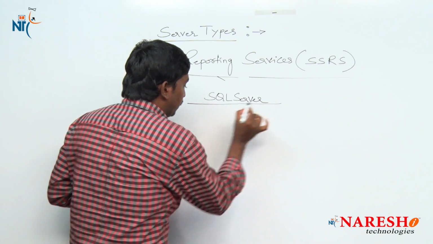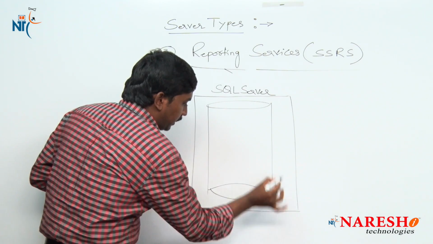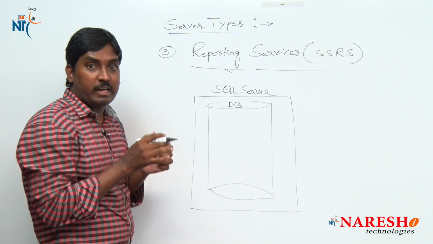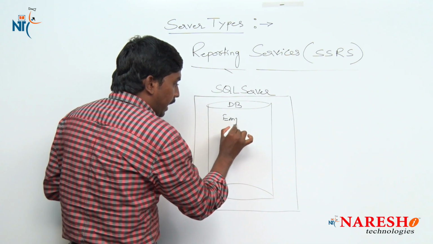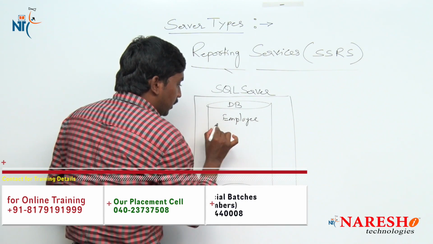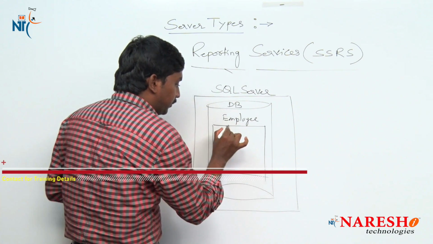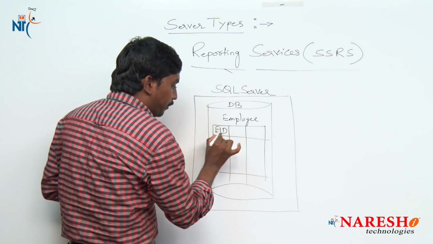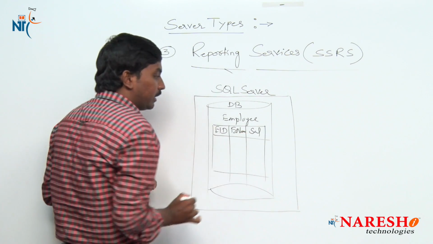In this SQL Server, I create one database, and in this database I take one table, an employee table. I design it with some columns: employee ID, employee name and employee salary.